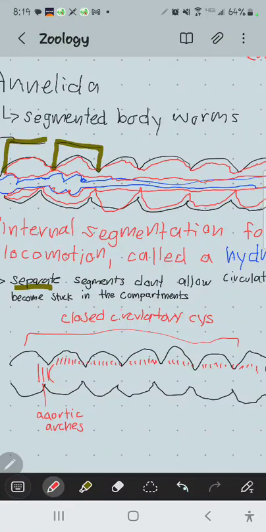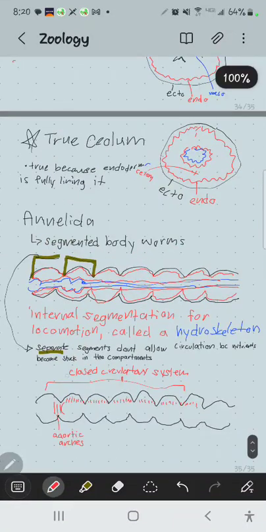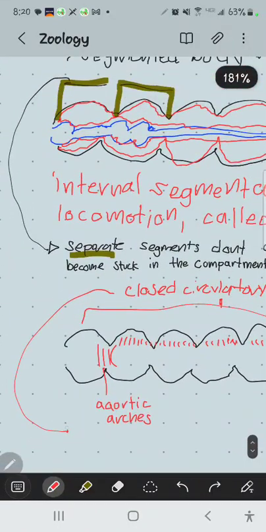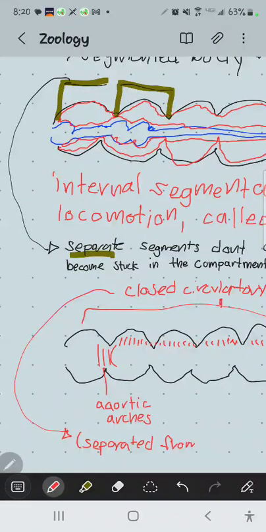The circulation is separated from the body compartments. So what this does is overcome the fact that the coelom has been adapted for movement by blocking off these compartments, and now we can circulate nutrients, oxygen, wastes, etc. around the body. Isn't that cool?